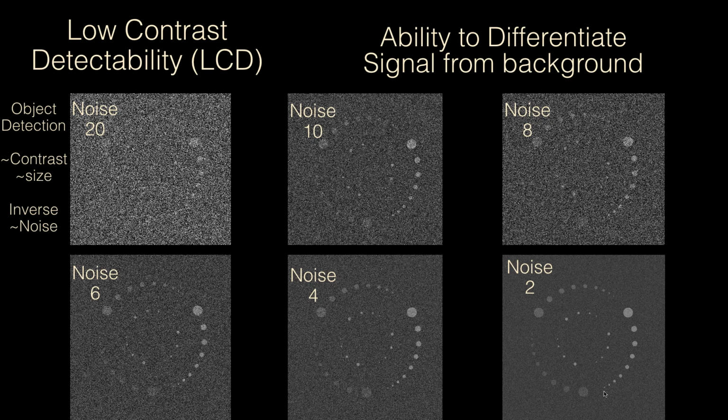And the clinical task, for instance, in this case, is the ability to differentiate these low contrast signals with respect to the background. So based on a given protocol, where the design of a given protocol is to image objects of a given size, the noise level which is tolerable can be accommodated.